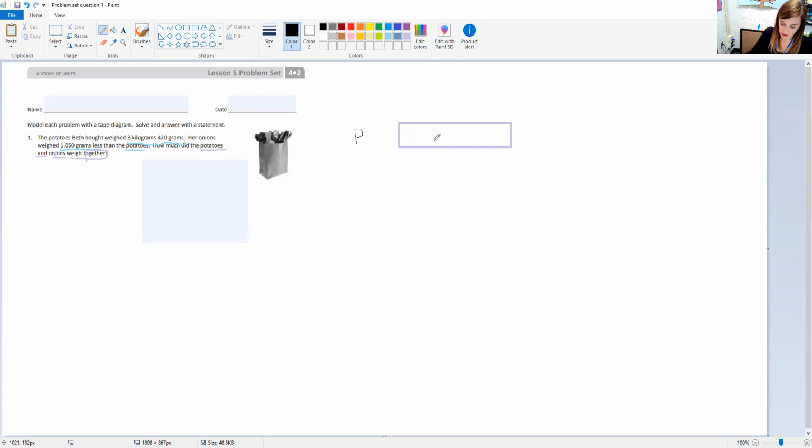And then what do we know about the potatoes? We know it was 3 kilograms and 420 grams. Okay, and what was the other information that we needed from here?